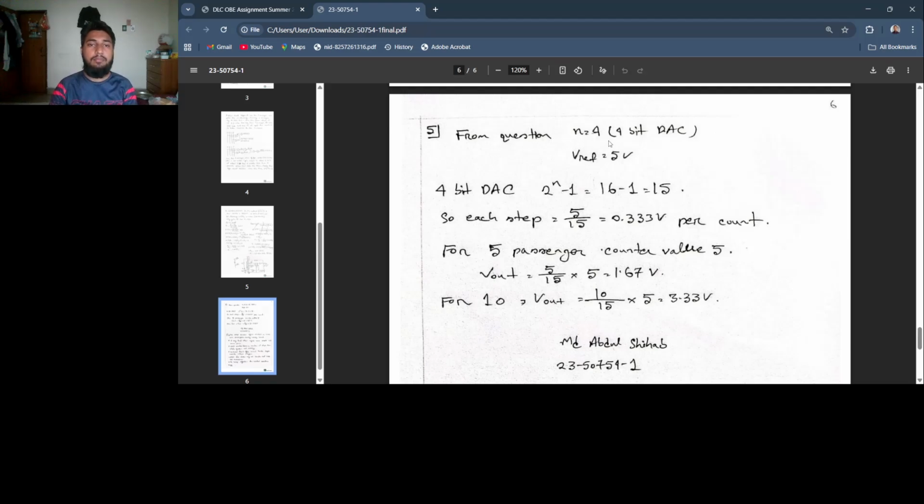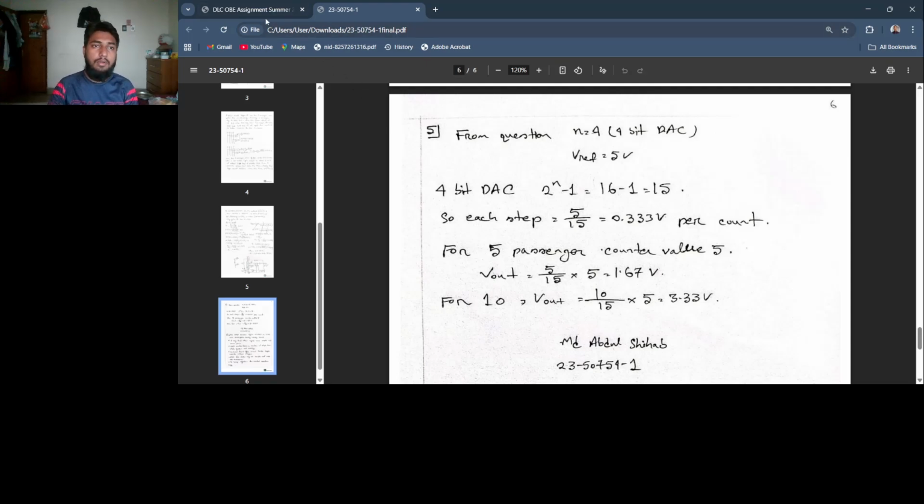For a 4-bit DAC, 2 to the power n minus 1 equals 15. For each step, 0 to 1, 1 to 2, 2 to 3, 3 to 4, I need 5 by 15 equals 0.33 volt per count.